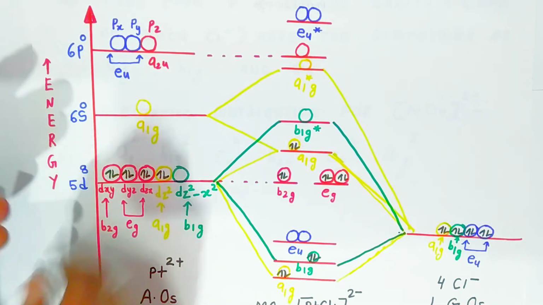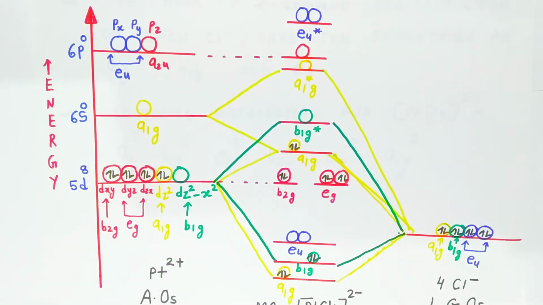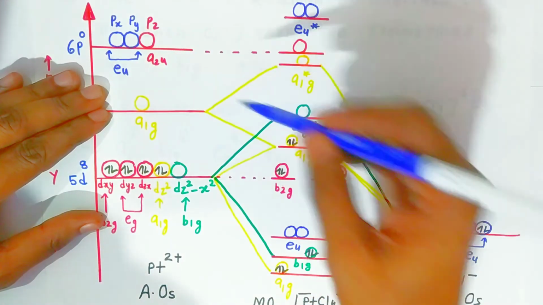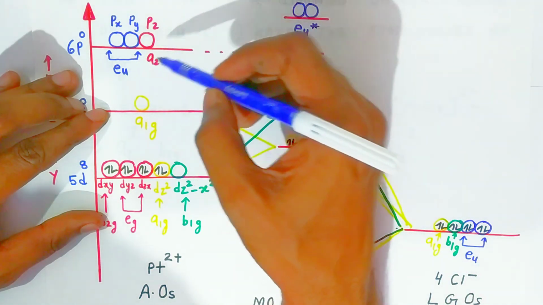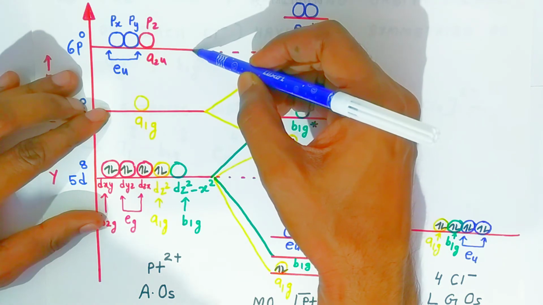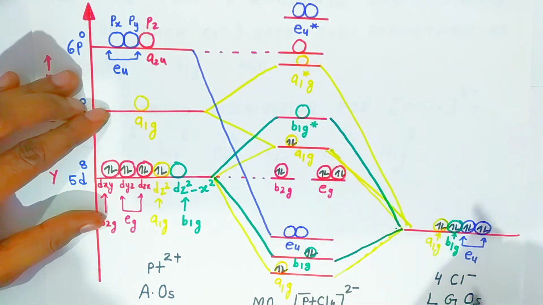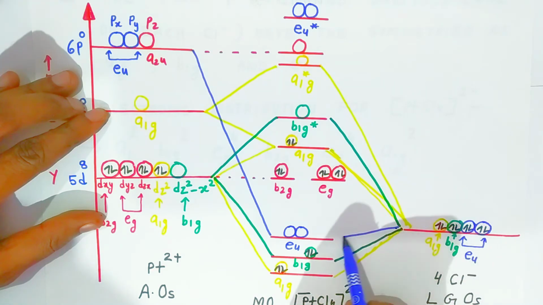Now EU, having the same symmetry, combines with EU orbitals and forms the EU star. So these orbitals EU have the same symmetry as the EU orbital of 6p, this will combine, and first it will form the molecular orbitals. So here you can draw the figure like this, EU combines with the EU orbitals like this.